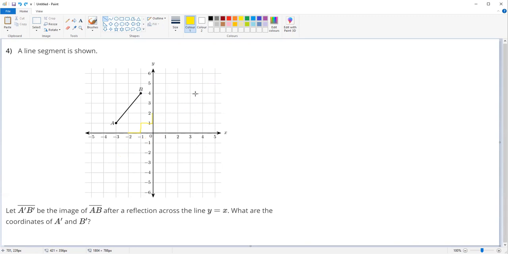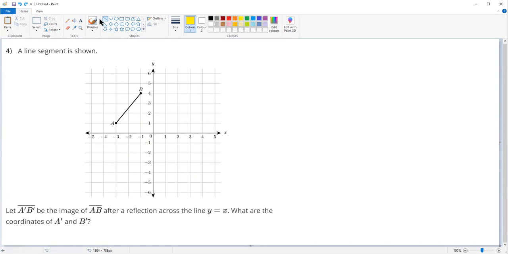If the line is y equals negative x, right? If it's at 1 for -1, it's the opposite, and it goes down that way. That's not the thing here. We'll talk about that one later.